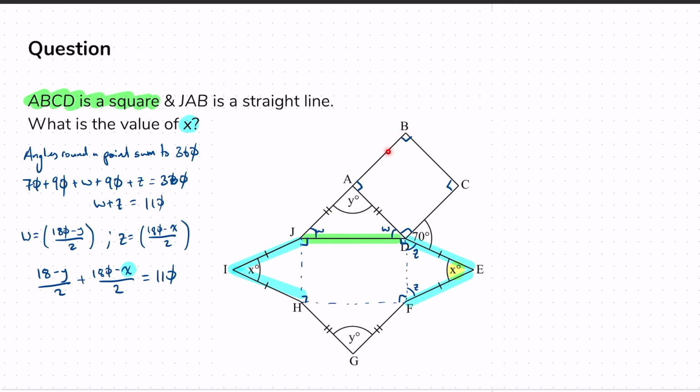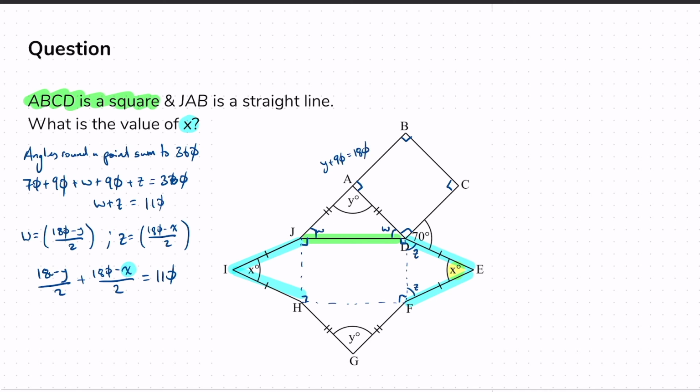It's almost like we're going from here to here and starting another half square. The only way we can do that is if it's a straight line. So Y plus 90, we've got supplementary angles on here. So Y plus 90 degrees equals 180, so Y must equal 90.